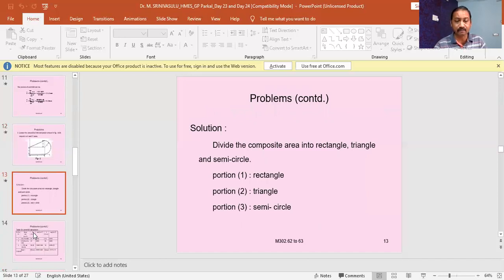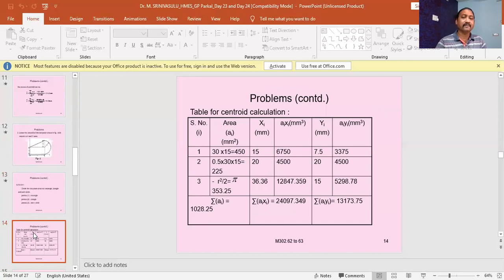Accordingly, we have to subdivide the given figure into the known standard figures as rectangle, triangle and semicircle. Now this table we know very well, so we have to remember this table, and by using this table we can calculate the centroids.